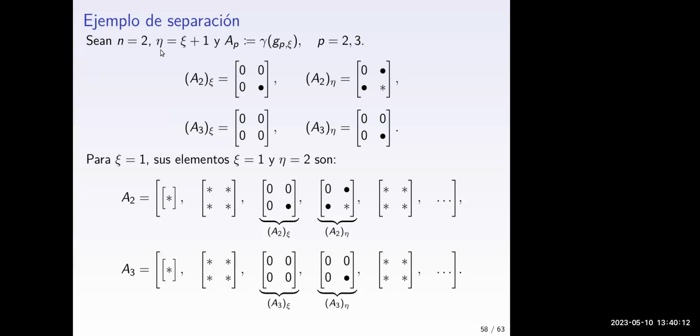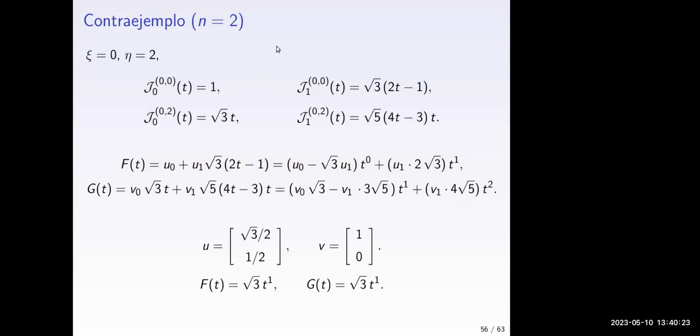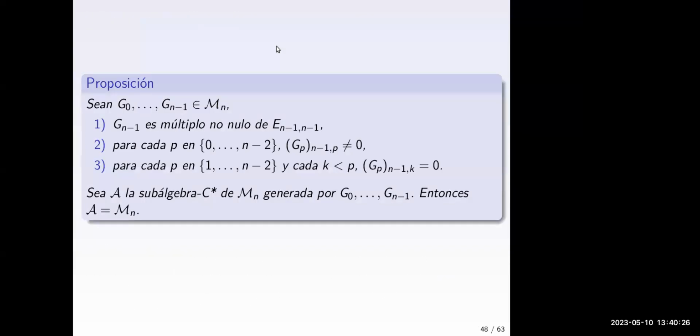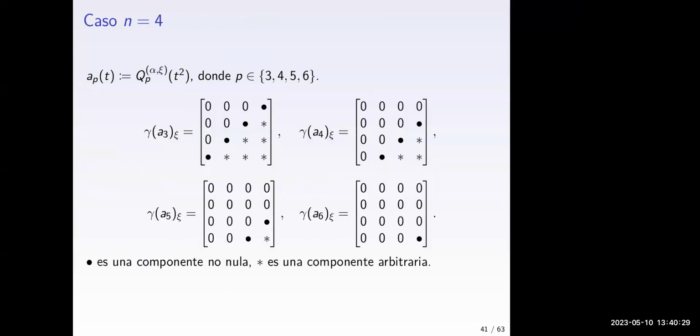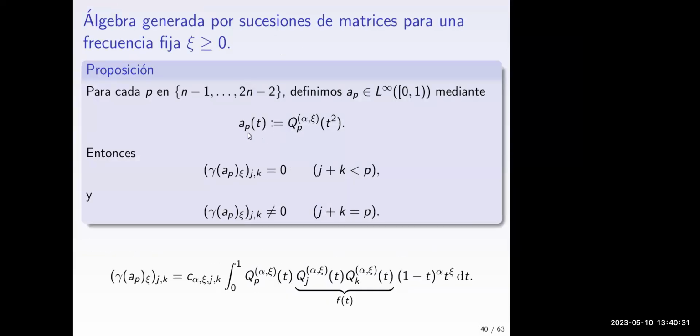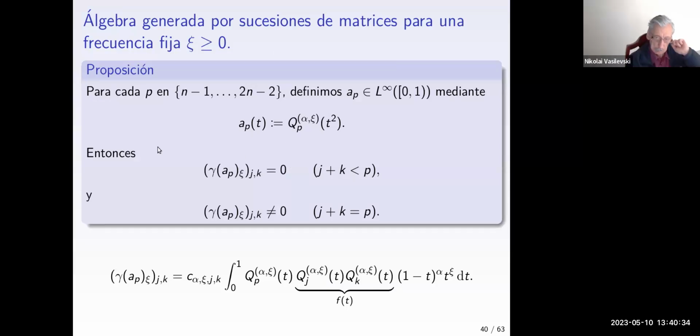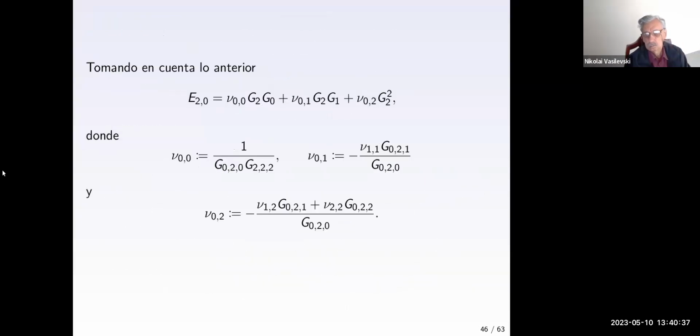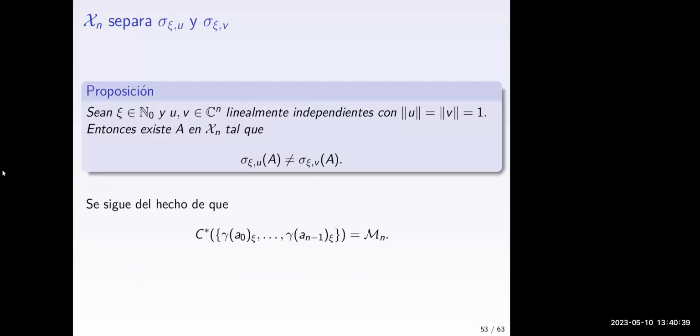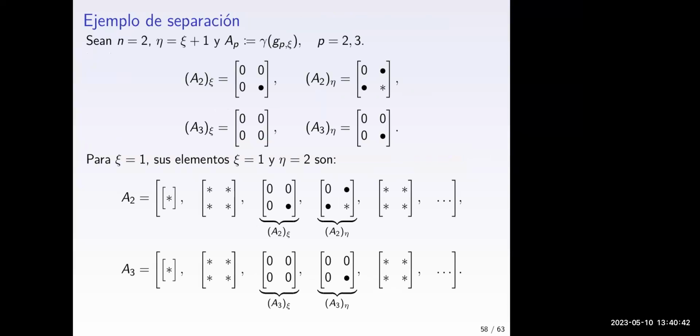Let n equal 2, eta equals the consecutive of xi, and this matrix. GP is this Jacobi polynomial that we define here. Here p equals 2, equals 3. Now for p equal 2, we will have this sequence.